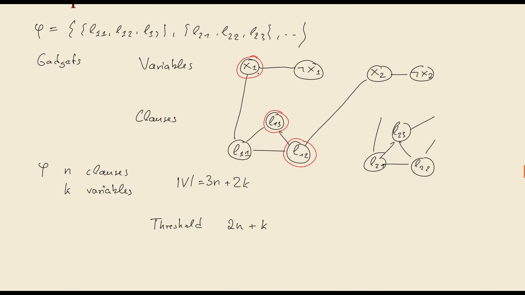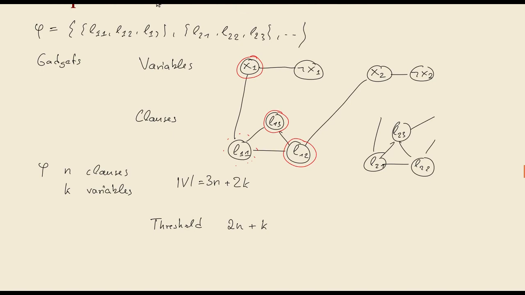And it is possible to have a vertex cover of this size if and only if we find a satisfying assignment for all the clauses. Because if for some clause none of its literals is covered in the vertex cover, then we would have to add this 3rd node, and that would give a larger number of nodes in the vertex cover in total.